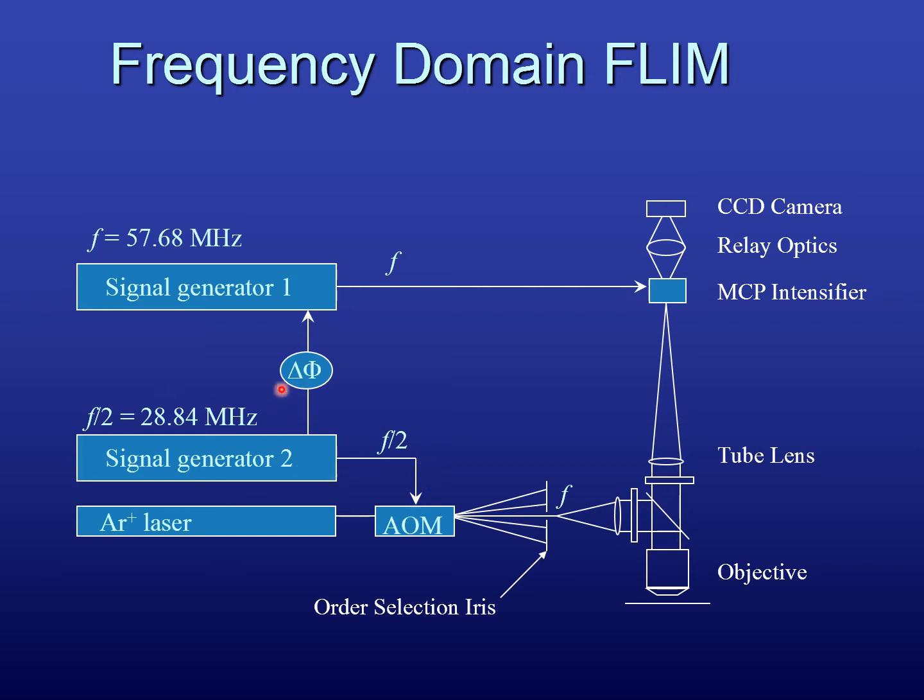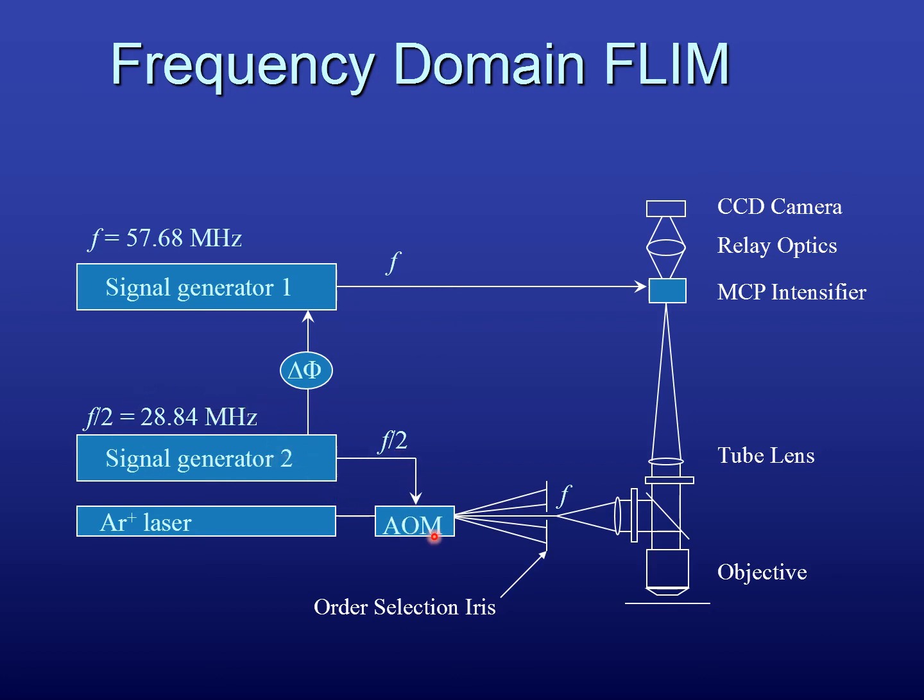Here we have used a frequency divider, to divide the frequency by 2. So that means if this oscillates with 57 megahertz, this oscillates with 28.5 megahertz, and the second signal generator drives the AOM. Why do we need this division?